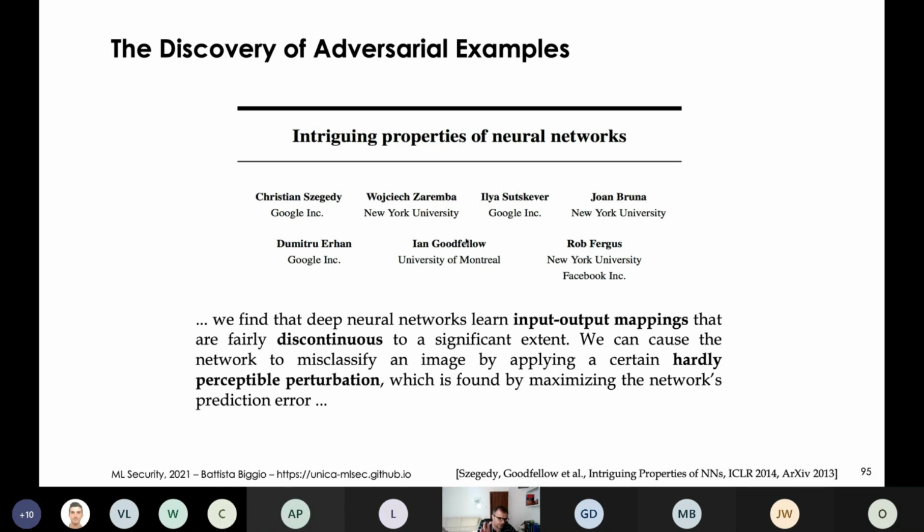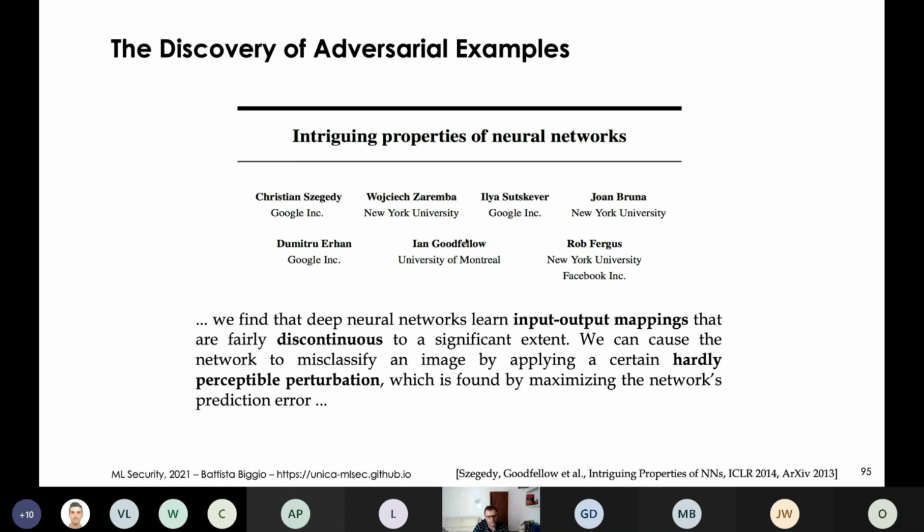They were focusing on deep neural networks, which reached state-of-the-art performance on tasks like ImageNet classification. The question was, can we understand at which point these networks change their decision?